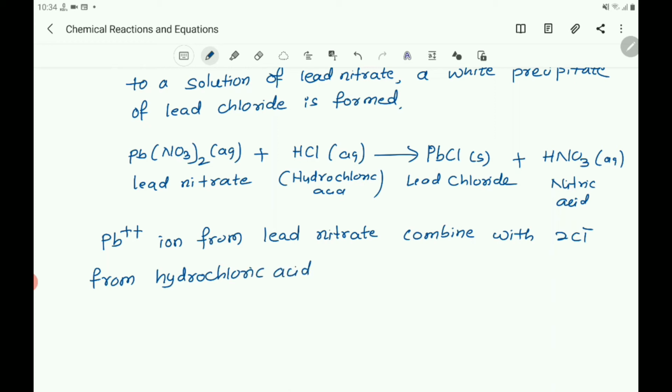From hydrochloric acid, and a precipitate of lead chloride is formed.